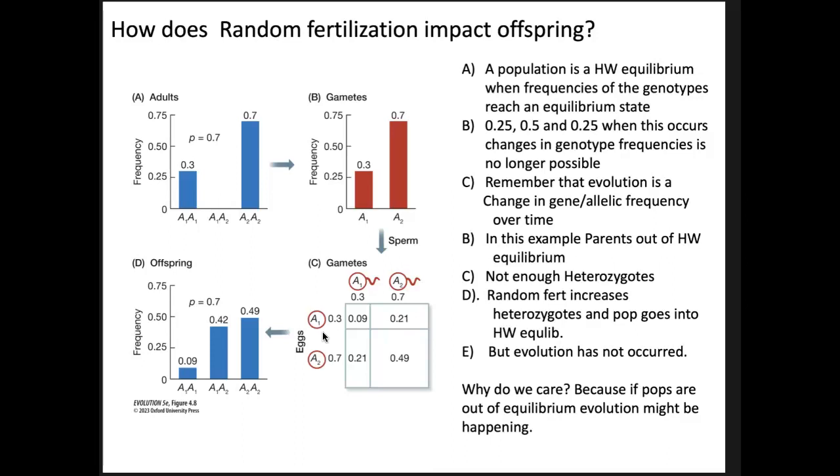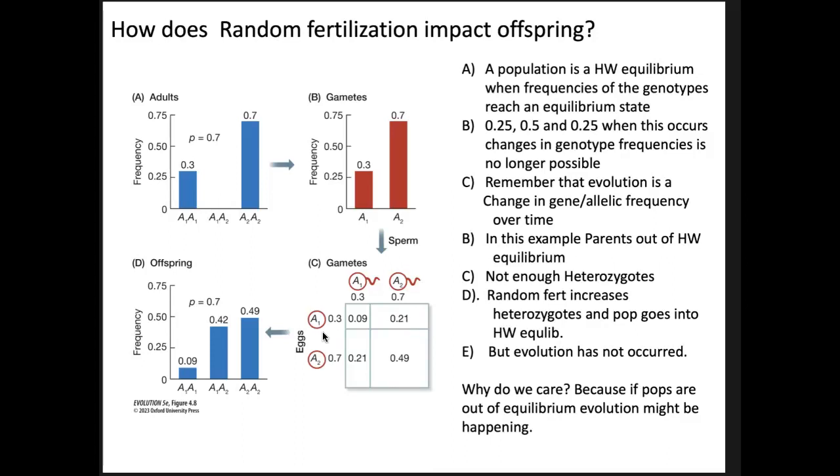Okay, Hardy-Weinberg, our bookkeeping method, makes several assumptions in order for us to use the methods of Hardy-Weinberg to do the bookkeeping of population genetics. There are 5 assumptions. One of the assumptions that is made is that evolution is not occurring, okay?